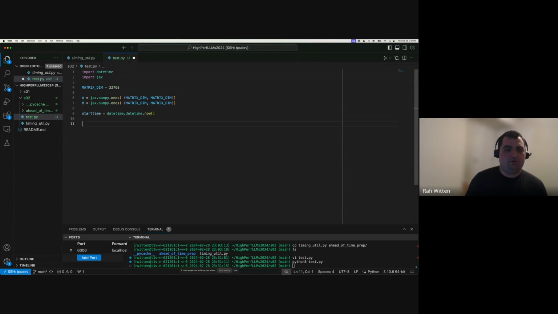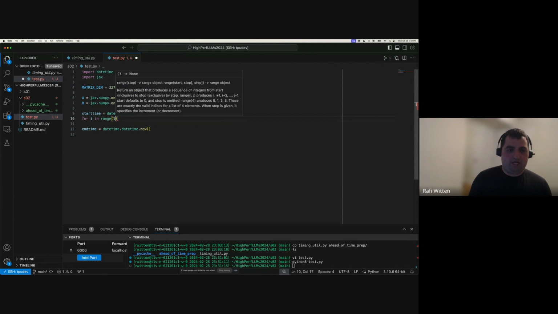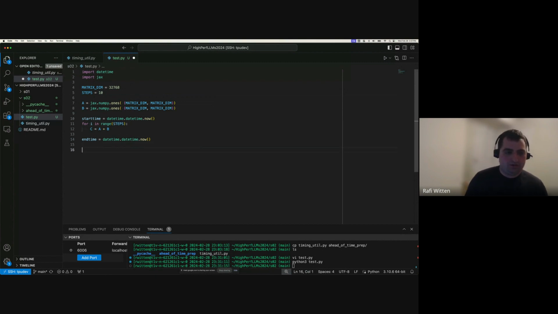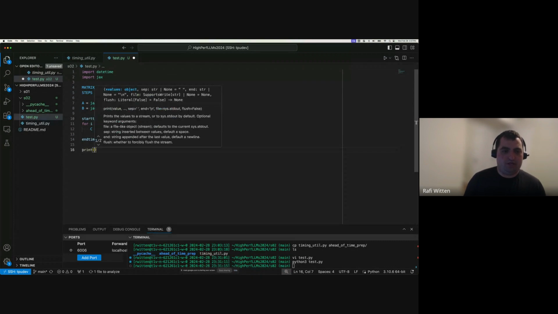Then end time equals datetime.datetime.now. And then for i in range 10, C equals A plus B. Maybe we should call these steps. And then this will be in business, right? We're just going to time this thing. A quick word of caution: this isn't necessarily going to give us the right answer, but let's just see how we do as we go.